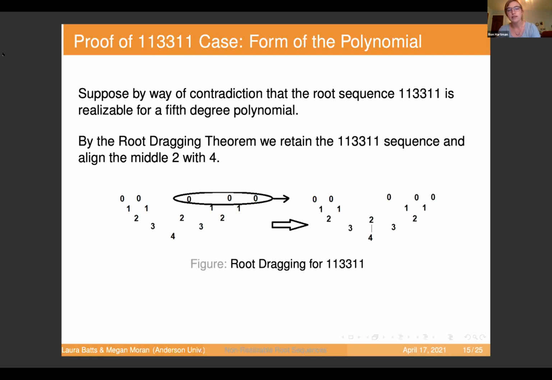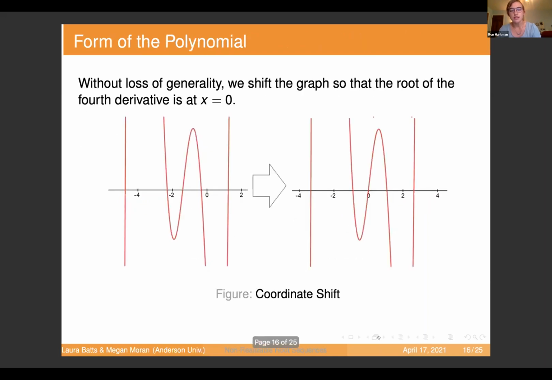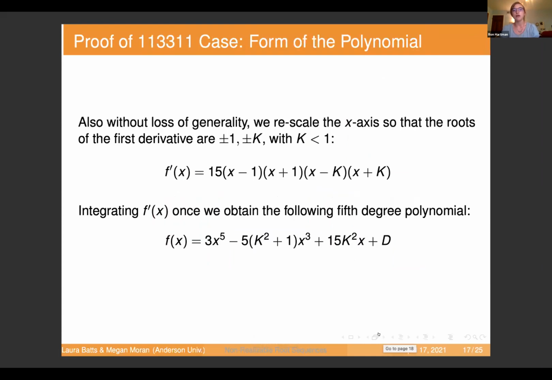Moving on, without loss of generality, we are able to shift our graph so that the 4th degree root is symmetric about the x-axis at x equals 0. Additionally, without loss of generality, we set our first degree roots at plus and minus 1, and plus and minus k, where k is less than 1.